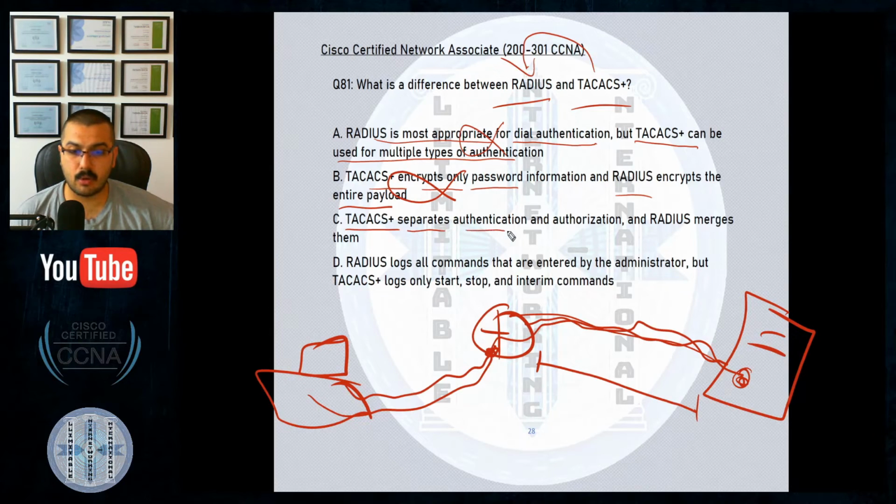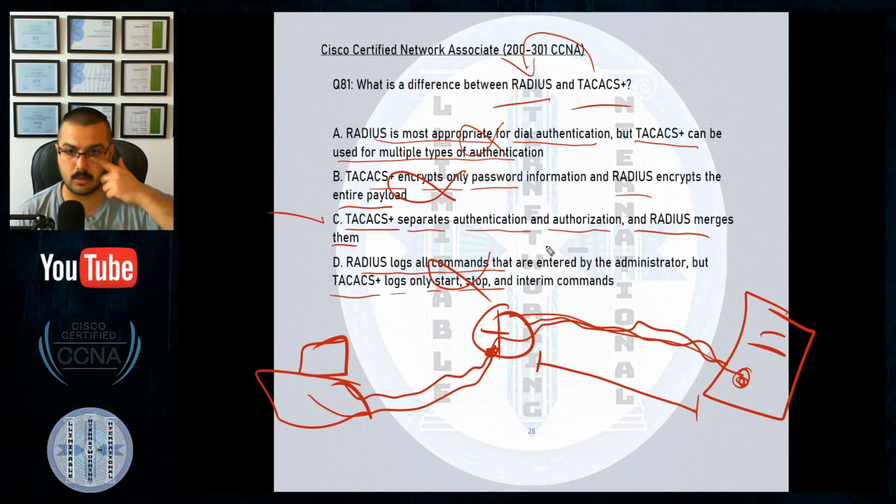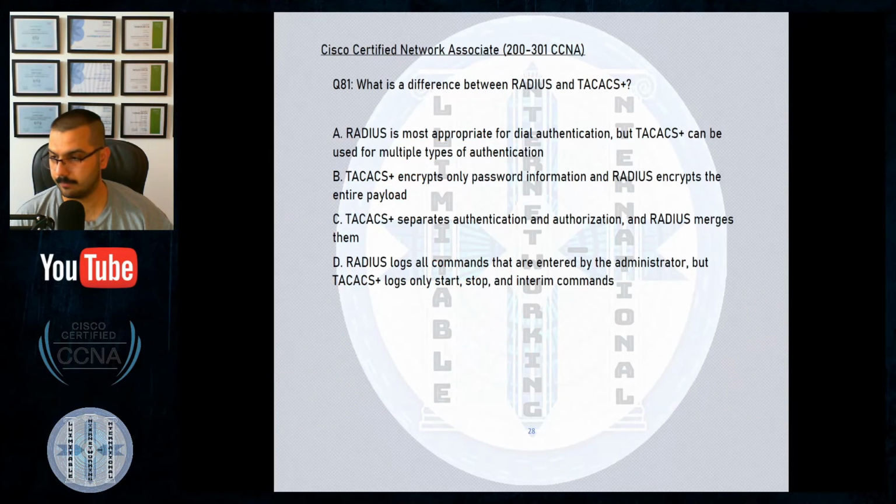TACACS separates authentication and authorization, and RADIUS merges them. Yeah, I believe so. RADIUS logs all the commands, but TACACS logs some commands. No, TACACS is way better even in logging. So only C can be chosen in this question.